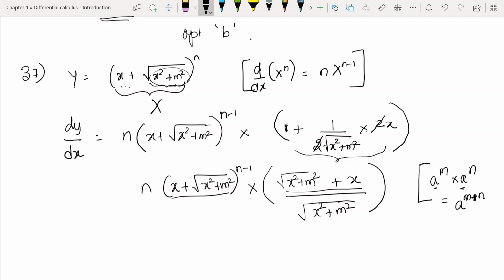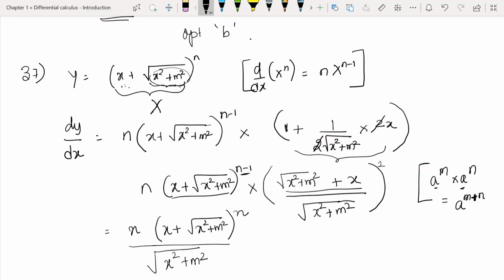So now here n into power, let us add. What are the powers? The power is n minus 1 here and the power here is 1. When I add, all I will be left with is only n. Now divided by root of x square plus m square. This is my dy by dx.